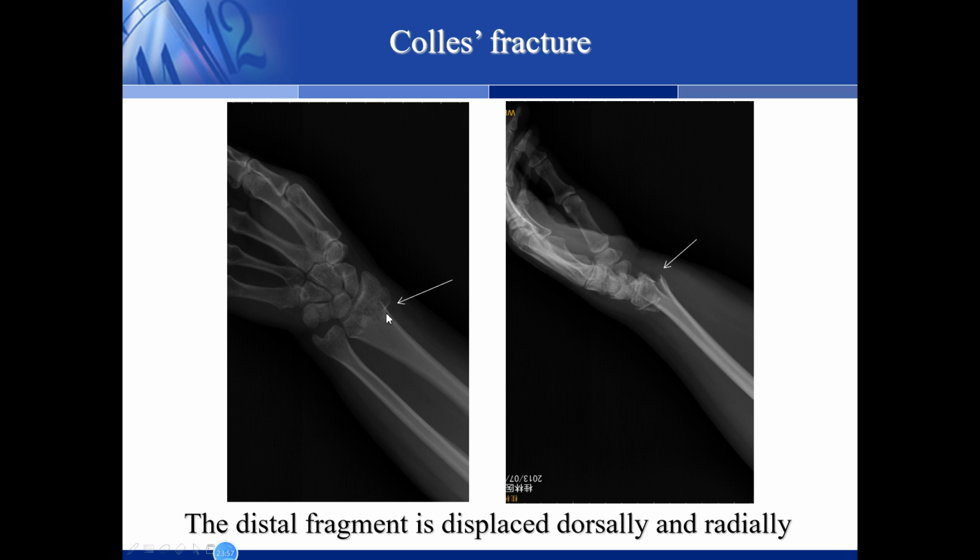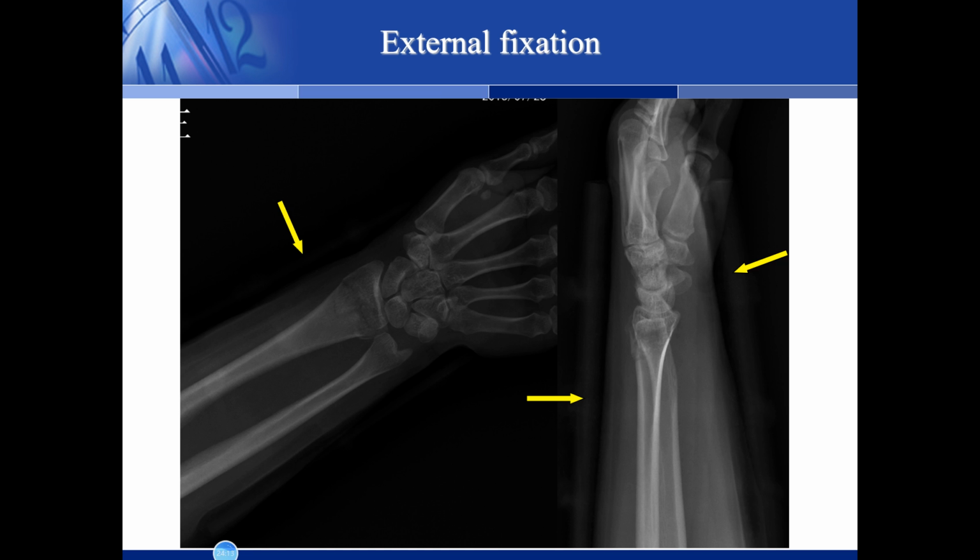From here to the fracture line, it is within 2.5 centimeters. So we call it Colles fracture, and it is displaced dorsally and radially.